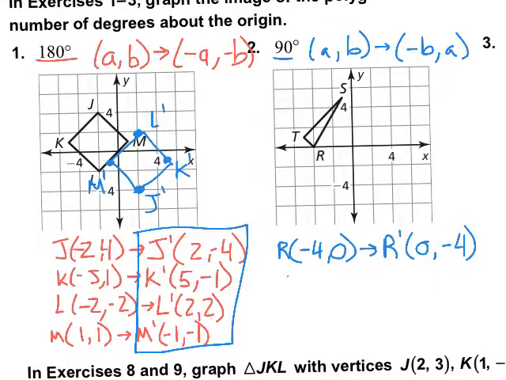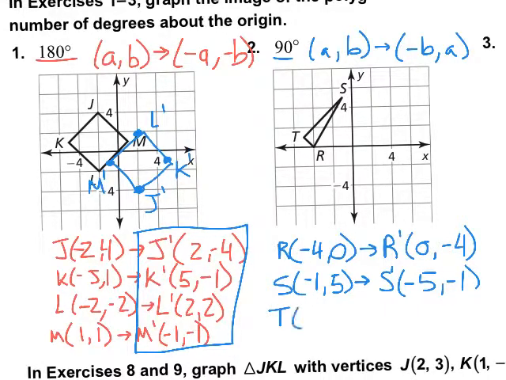Okay. S is negative 1 comma 5. So that means S prime is negative 5 comma negative 1. And then T is negative 5 comma 1. So that means T prime is negative 1 comma negative 5.